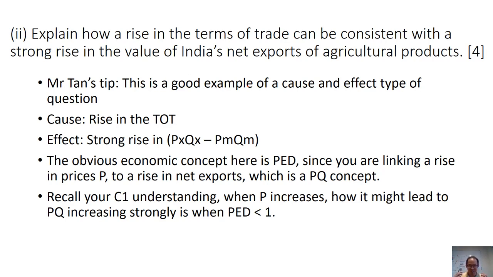But once you realize that it's PED, you can link the rise in prices to the change in export revenue, which is P times Q. If you recall the concepts of elasticity you learned in JC1, when price increases, P times Q increases when the demand for exports is price inelastic.